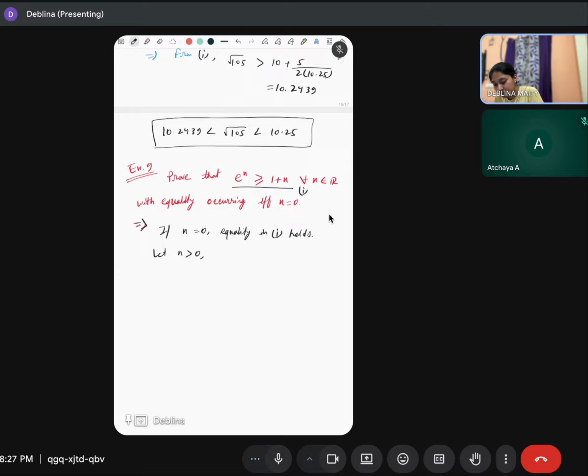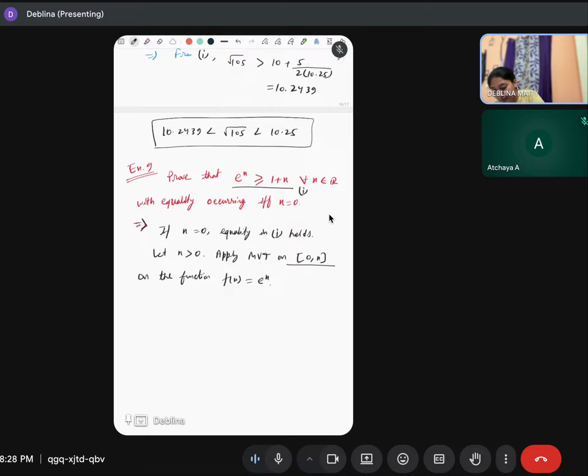Then we'll use the mean value theorem. Now apply the mean value theorem on the interval 0 to x, and the function we are taking is f(x) equals e to the power x, and the domain is the closed interval 0 to x.